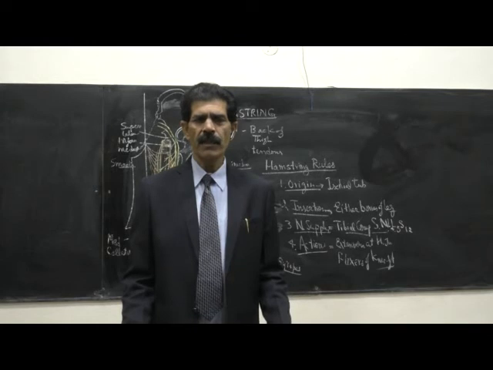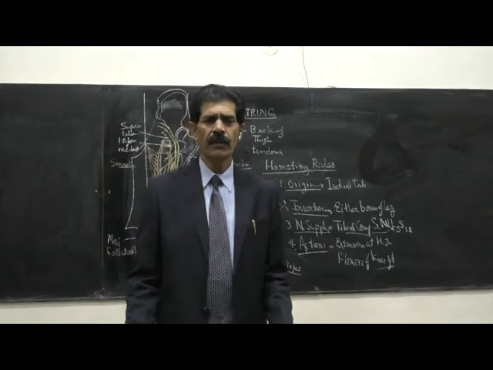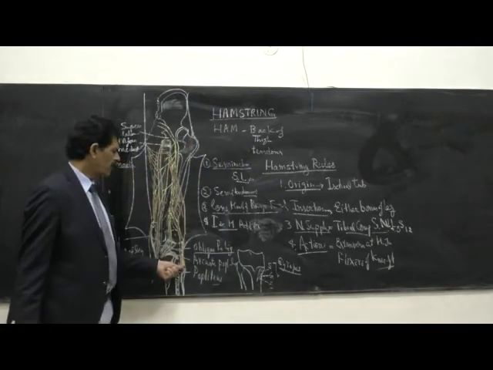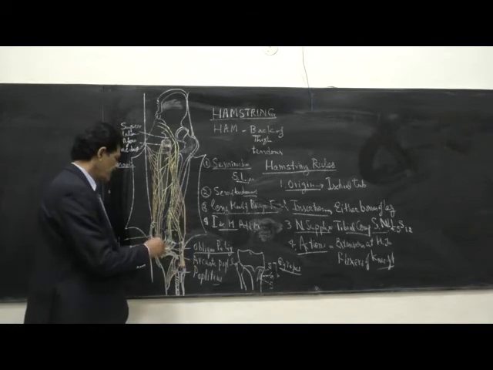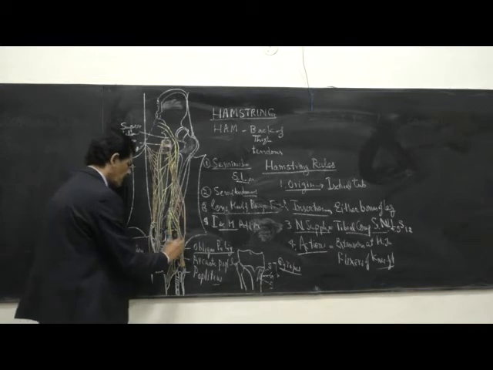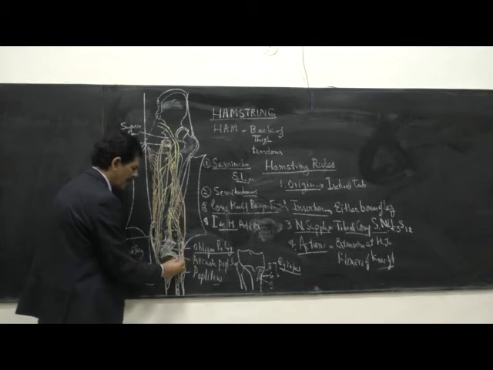Another applied anatomy is related to the tendon of the biceps femoris. As we know, the biceps is inserted over the head of the fibula, and it is accompanied medially by the common peroneal nerve, which runs downward along with the tendon of the biceps.